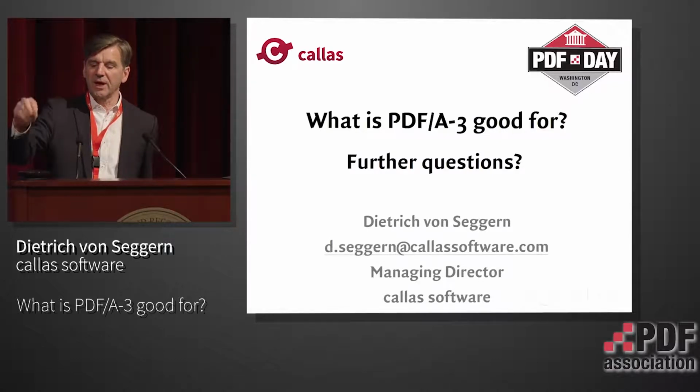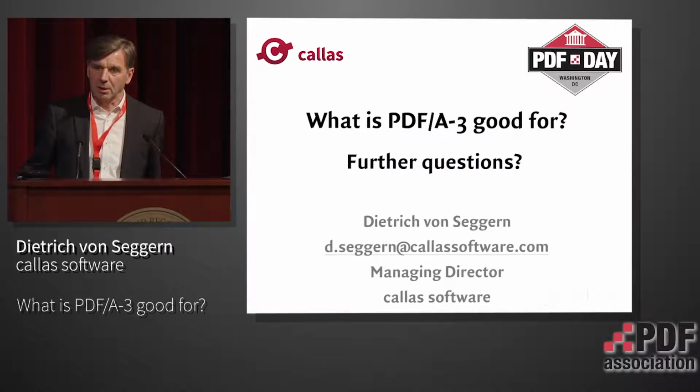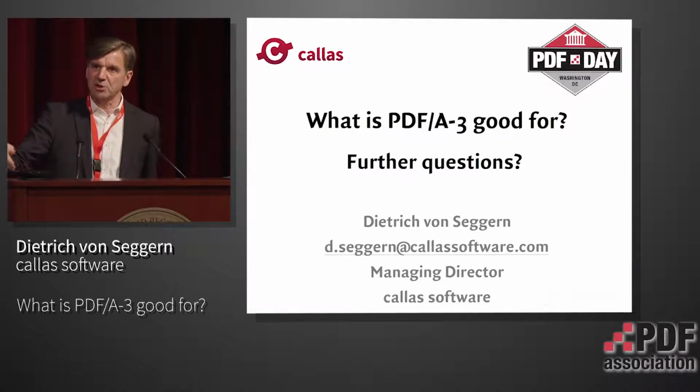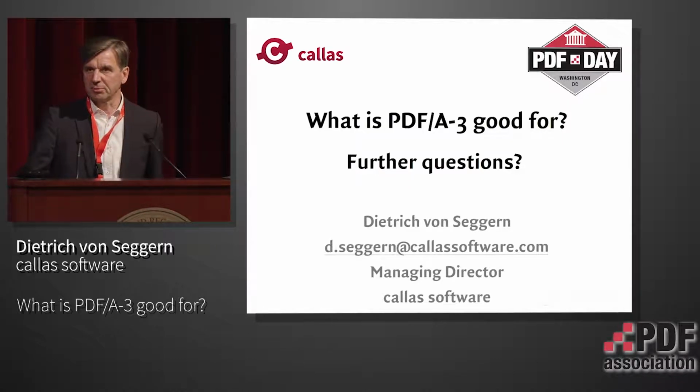So you can do that at the source application, but you could as well do that in Acrobat. You could just attach a file using Acrobat. So you already have your PDF file, you attach it in Acrobat, and then you convert it in Acrobat to PDF A3. So that would also be possible. And I will have more on that in my 4 minutes later on.